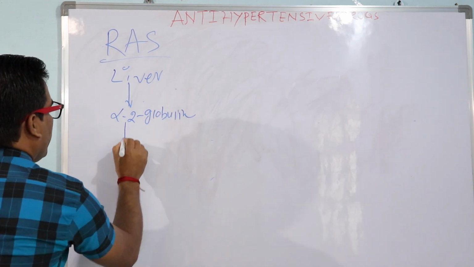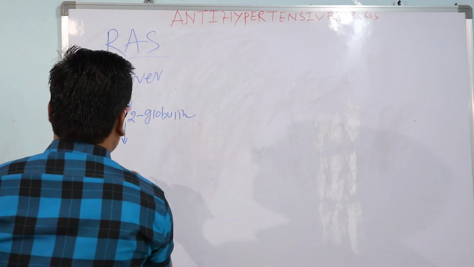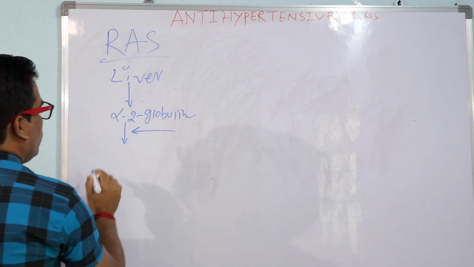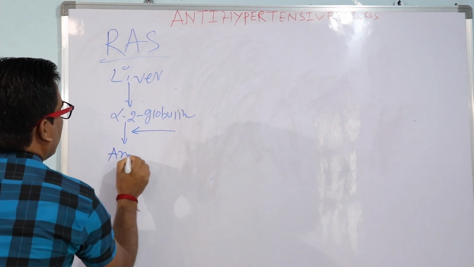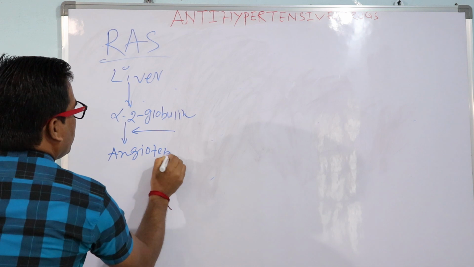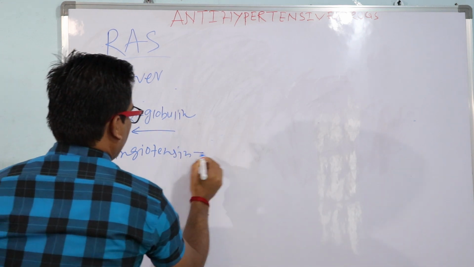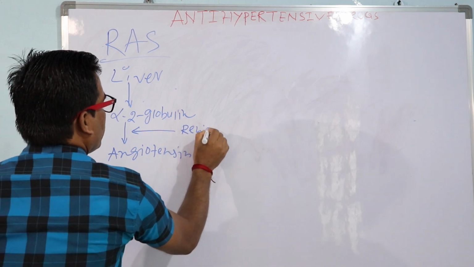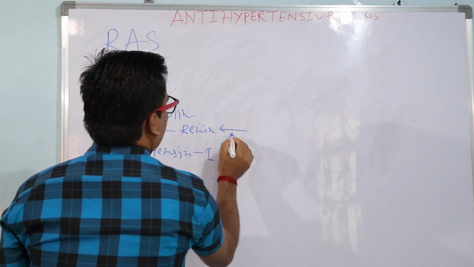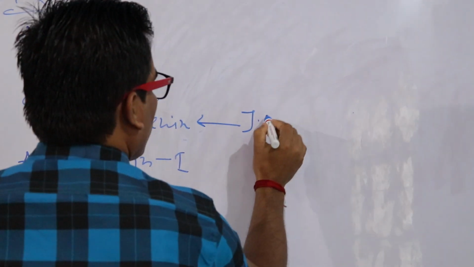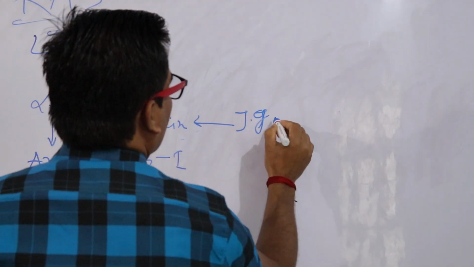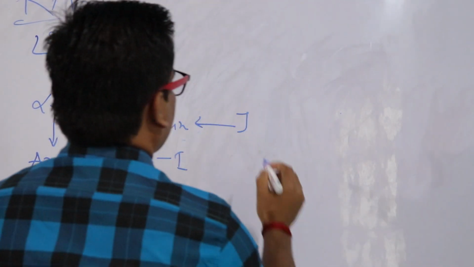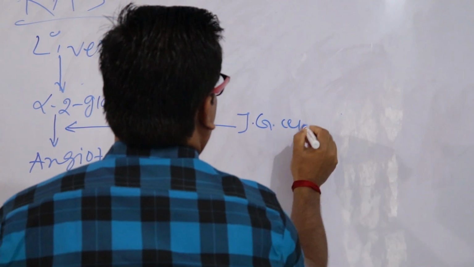This alpha 2 globulin comes to the kidney and is converted into angiotensin 1 with the help of the enzyme renin, derived from the juxtaglomerular apparatus or juxtaglomerular cell, the JG cell.